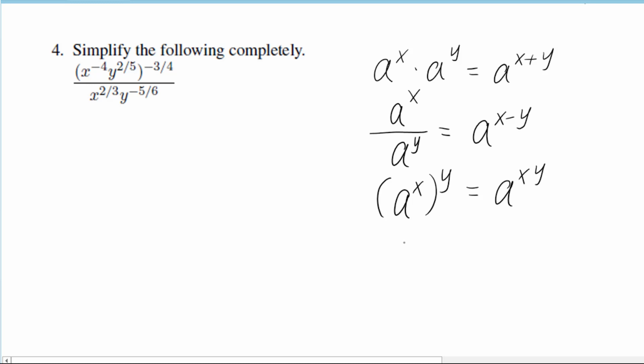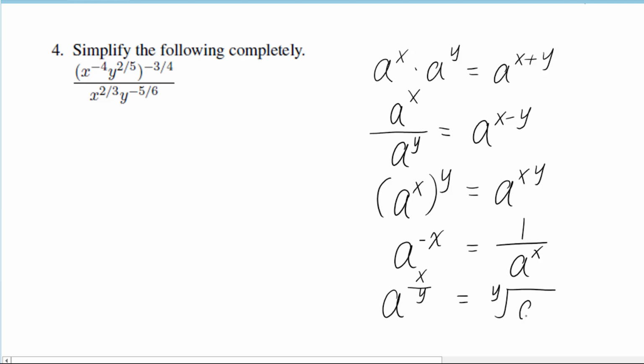When we have a to the negative x power, you will get 1 over a to the x power. When you have a to the x over y's power, this will be the nth root of a to the x power.